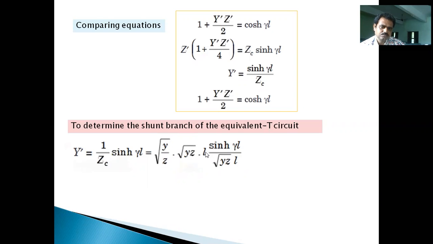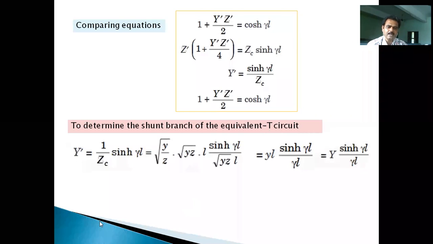Small y into L, where small y is the admittance per unit length multiplied with the length, gives the entire admittance value. So finally we can write it as capital Y into sinh gamma L by gamma L. Okay, is it clear?